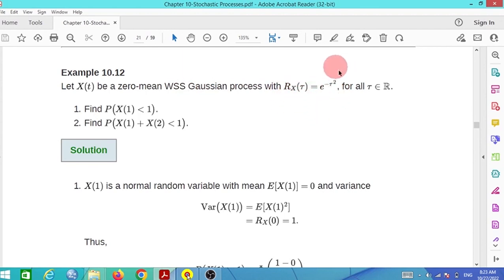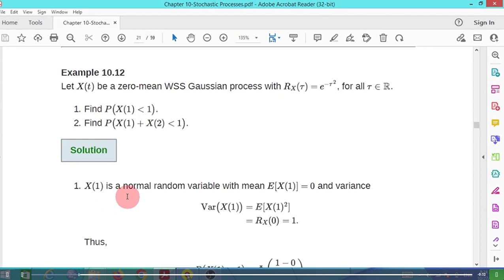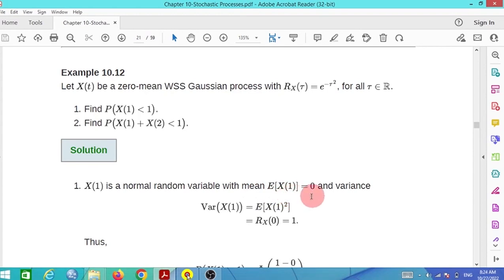with this correlation function for all tau. Find the probability that X(1) is less than 1. Find the probability that X(1) plus X(t) is less than 1. X(t) is a normal random variable with mean E[X(t1)] equal to 0, because X(t) is zero mean.